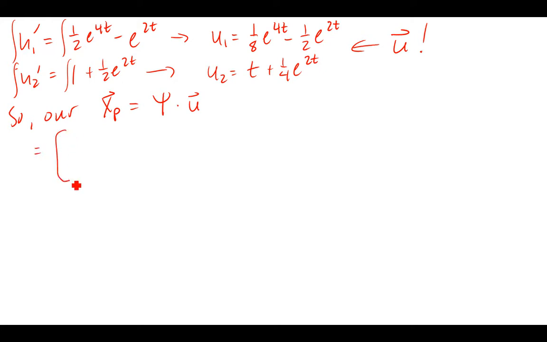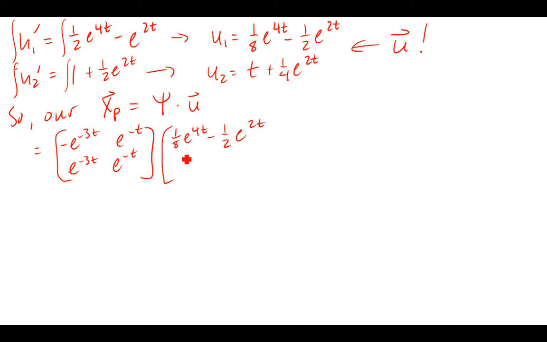So phi, I got to bust out the matrix one more time. So e to the 3t and e to the negative 3t and e to the negative t and e to the negative t. And now times u is that stuff: 1/8 e to the 4t and 1/2 e to the 2t and t and 1/4 e to the 2t.